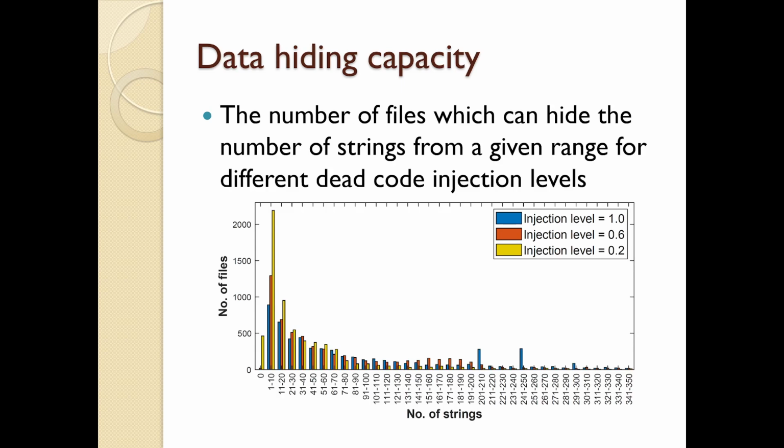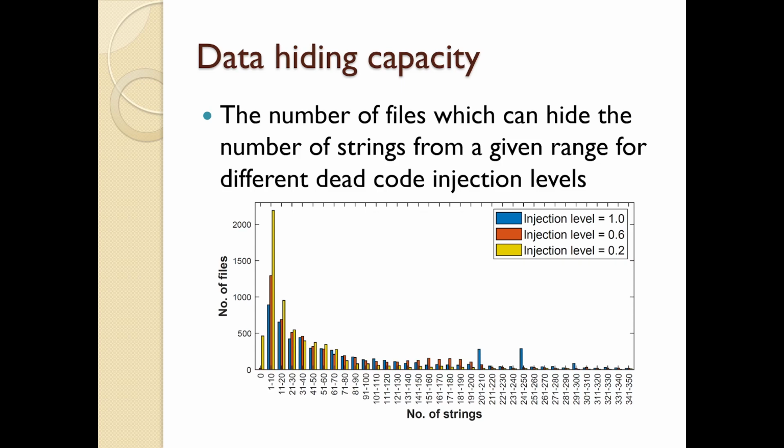Then we investigated how many strings are available in files that are obfuscated. We analyzed that for all the injection levels, and here on the diagram you can see the ranges. I mean the number of strings in the array, and the number of obfuscated files that support this range of strings in the array.